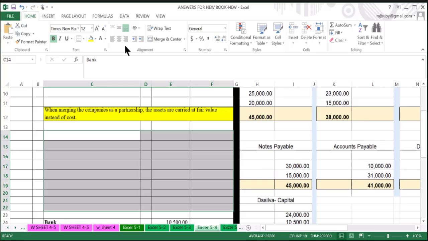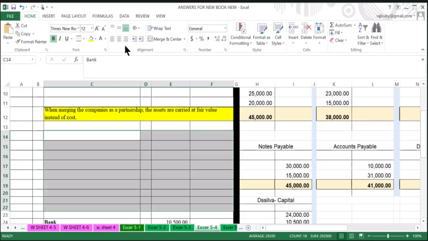Because this one is allowance for doubtful account. That one is they're assuming, right? Not exactly how much. They are assuming this percentage is not going to be received from the customers, right? That now they are giving the fair value. This is the cost. They are giving the fair value 3,500.